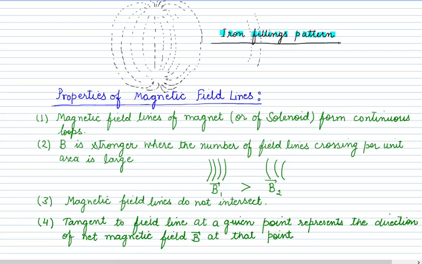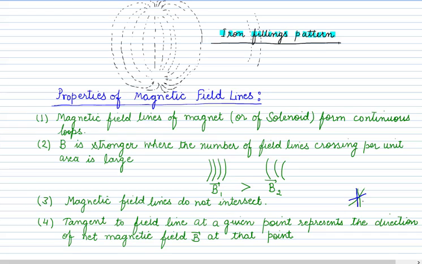That is why, if two magnetic field lines were crossing each other, then at this point you would have two tangents. For the first line, the tangent would be somewhat like this, and for the second line, the tangent would be like this. So this shows one direction of the net magnetic field as well as another direction of the net magnetic field.